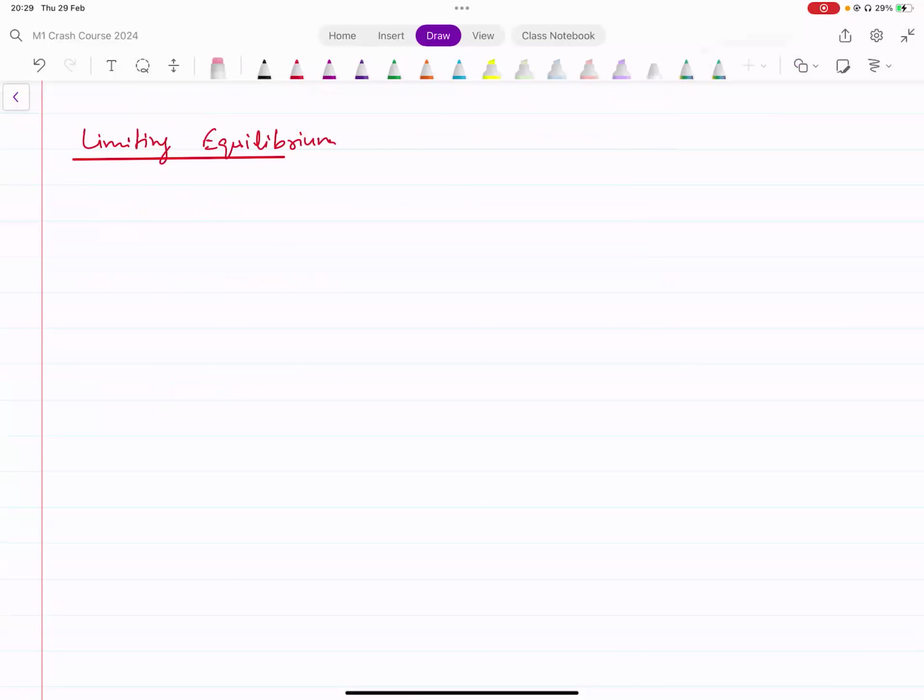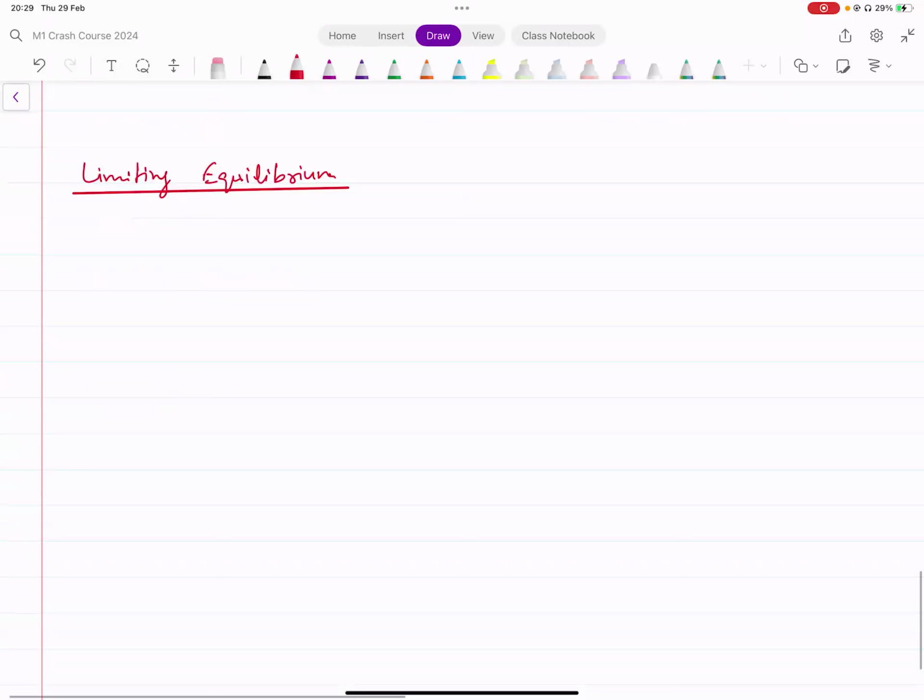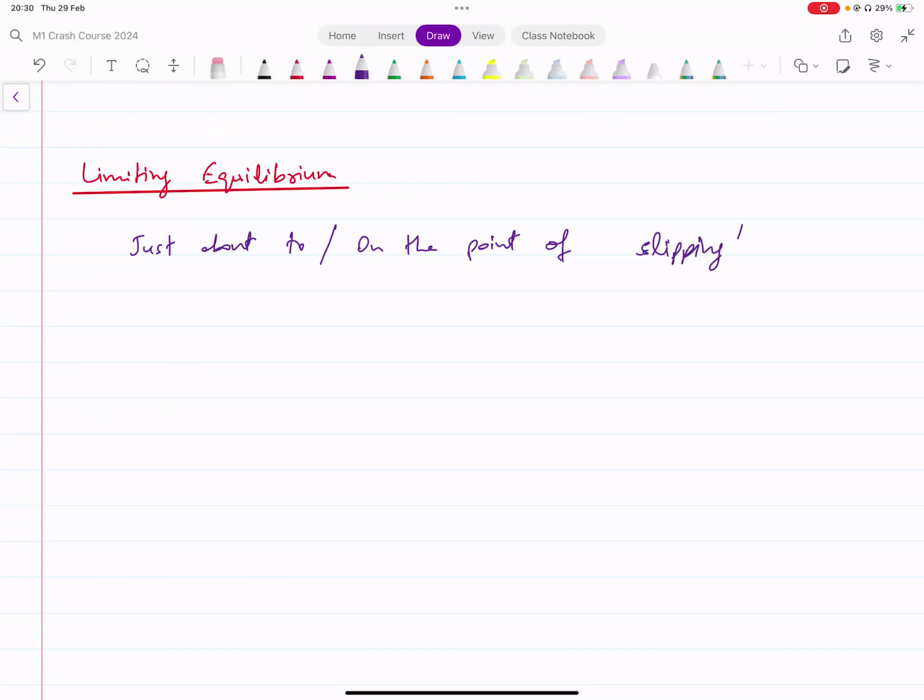So they might say the object is just about to, or on the point of slipping, sliding, moving.